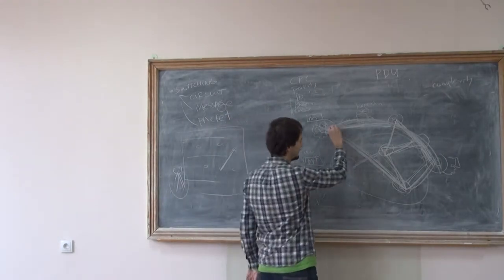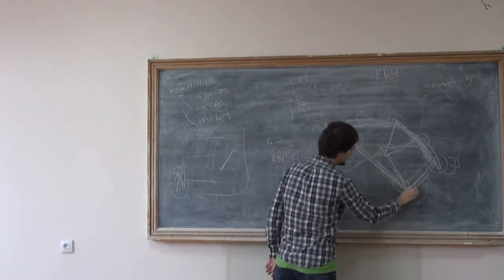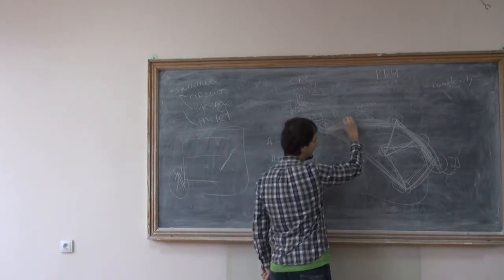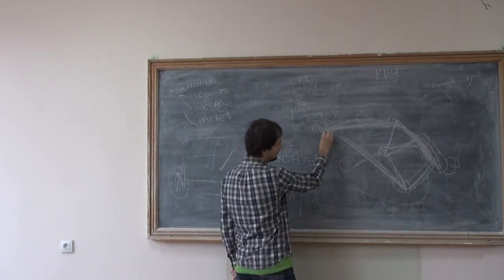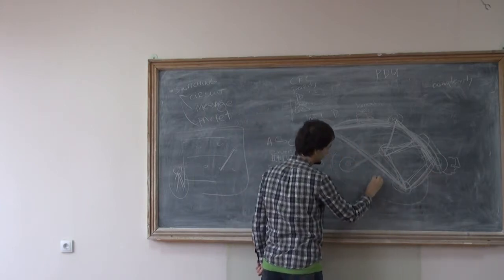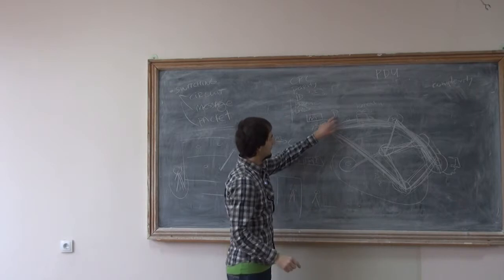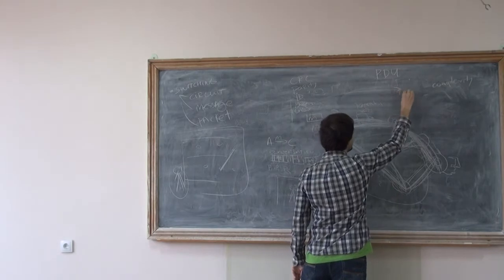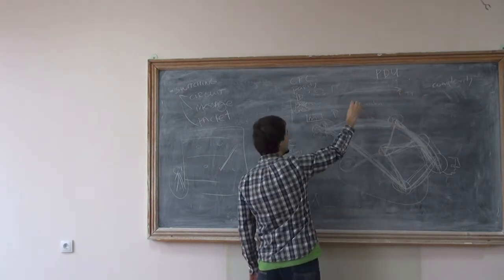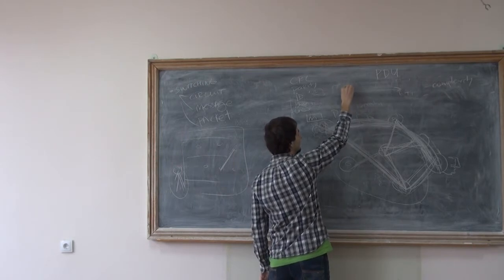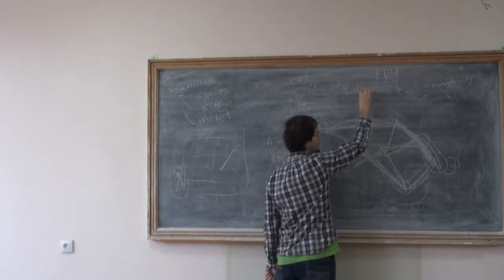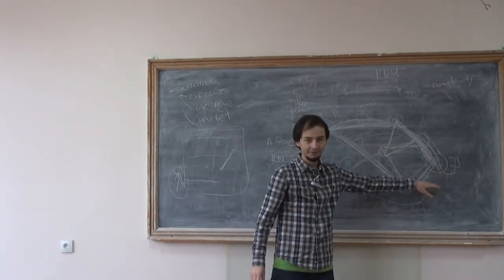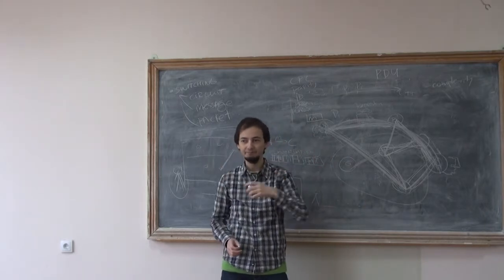If packet 1 went this way and packet 2 went this way, physically, if we look at the timeline, this is time. This is when we sent packet 1, and this is when we sent packet 2. But because this distance is smaller than this one, packet 2 will arrive sooner than packet 1.